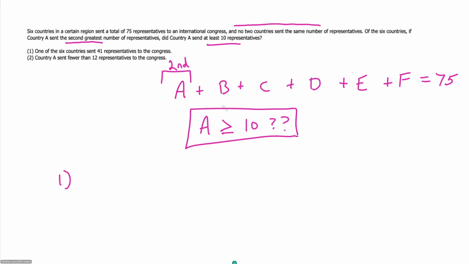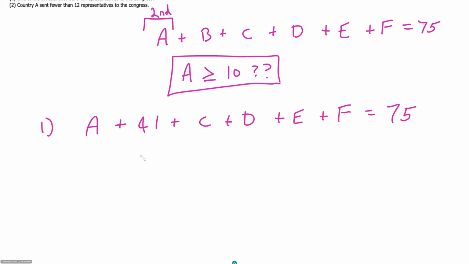We'll say country B sent the 41 representatives. So statement 1 is telling us that A plus 41 plus C plus D plus E plus F is equal to 75. If we subtract the 41 from each side, we get A plus C plus D plus E plus F is equal to 34.